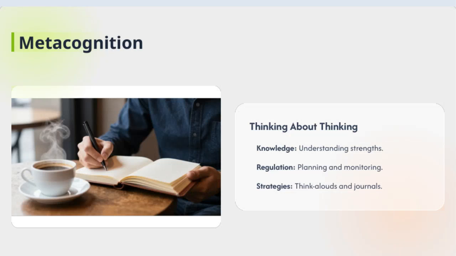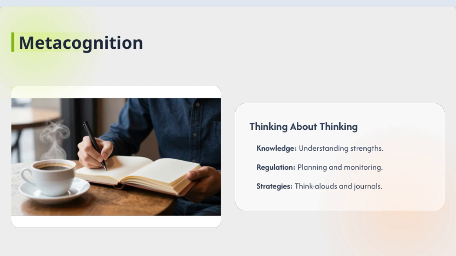Let's take a closer look at some key strategies and concepts that support effective thinking about thinking, or metacognition. First, we have strategies like think-alouds and journals. These are practical tools we can use to become more aware of our own thinking processes. For example, when we use think-alouds, we're verbalizing our thoughts as we work through a problem, which helps us reflect on our reasoning.